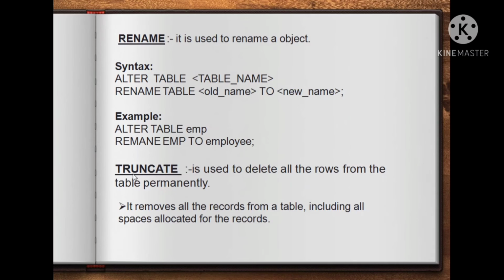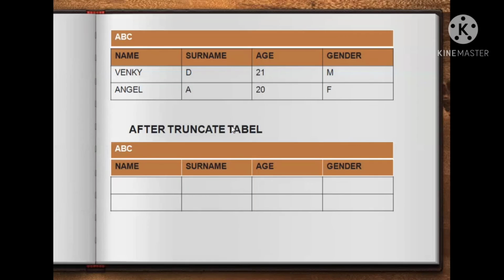Okay. Truncate. It is used to delete all the rows from the table permanently. It removes all the records from the table, including all the space allocated for the records. Let's see an example. ABC is the table. Column names: name, surname, age, gender.